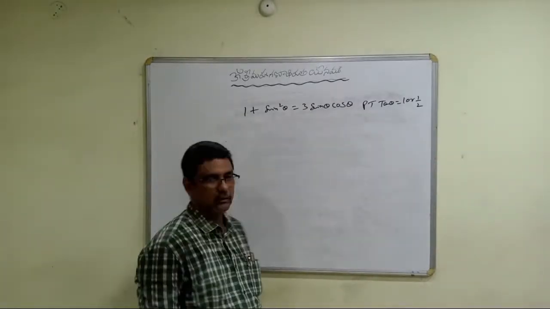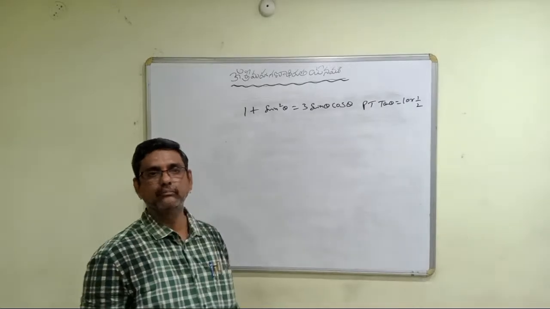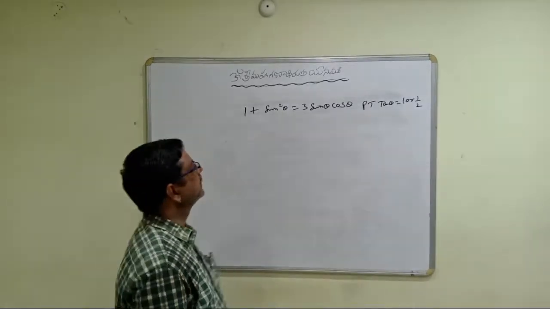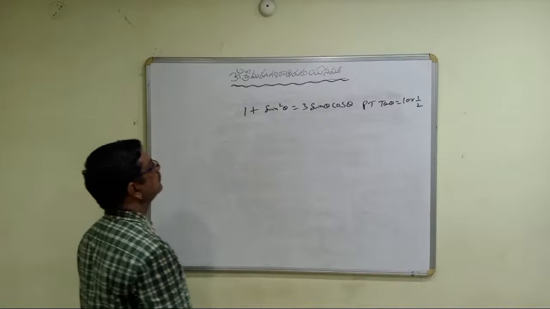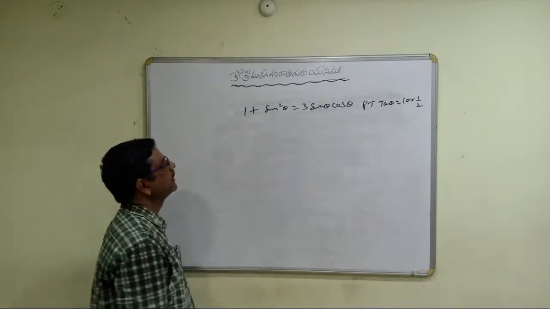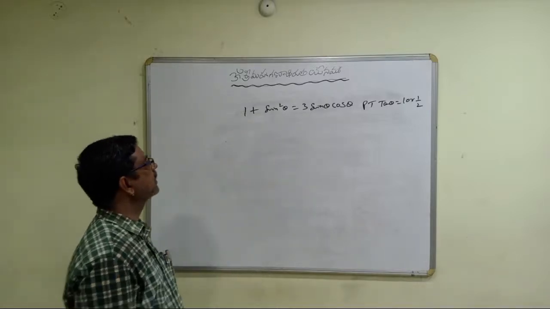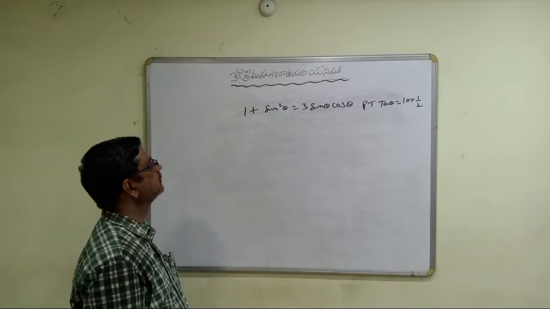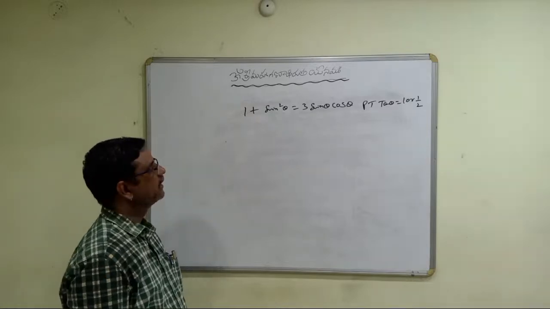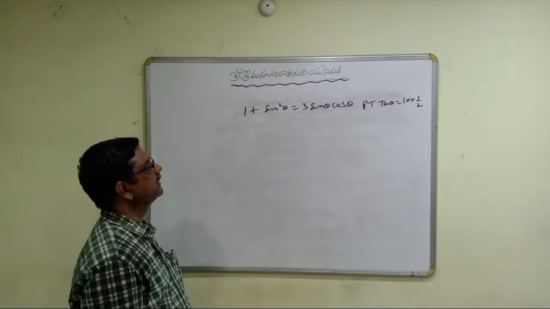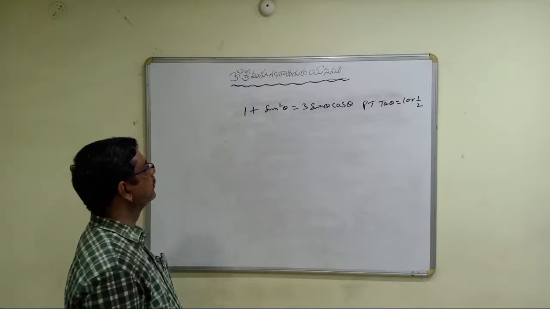Right. What to do now? It is given like that: 1 plus sine square theta is equal to 3 sine theta cos theta. And we need to say that tan theta is 1 or 1 by 2.